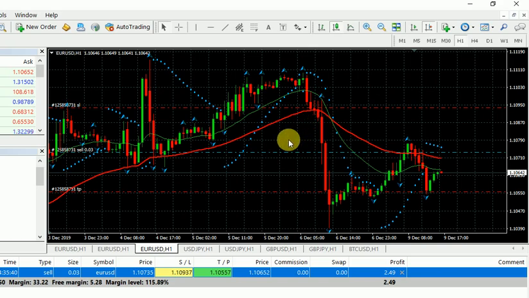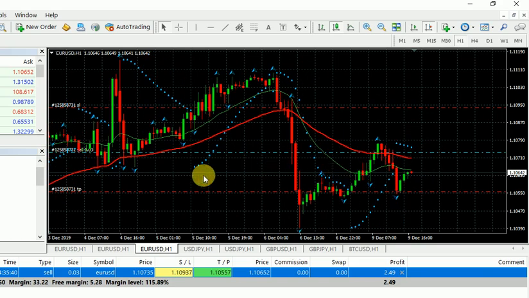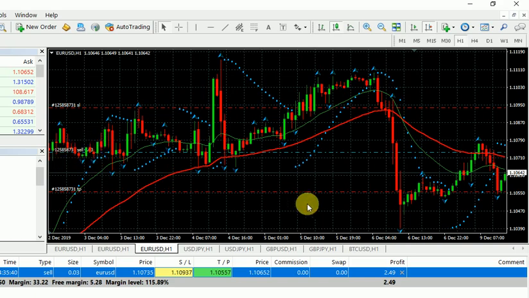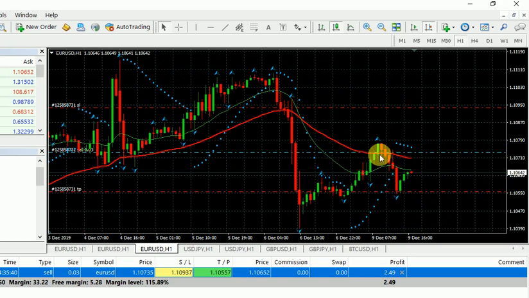Now let me show you the condition for sell trades, that is the bearish position. As you can see, there is a trade open here in my account in the sell position. This trade is taken on one of these candles.